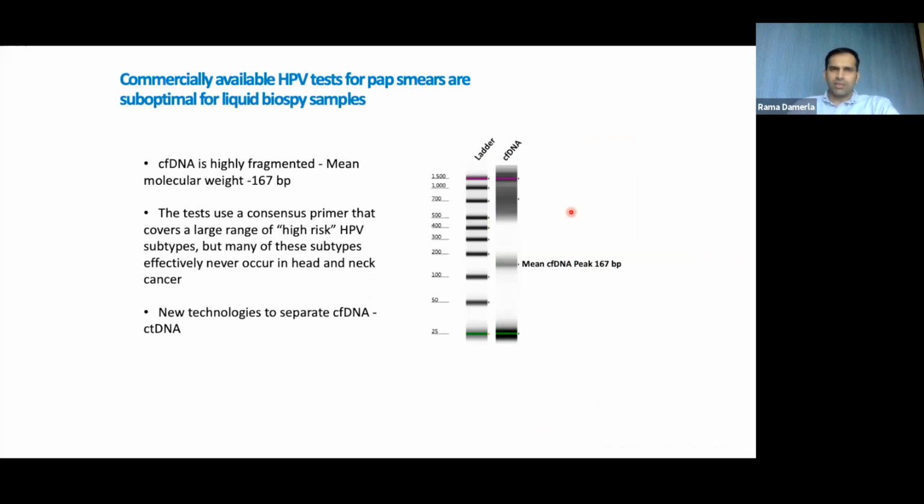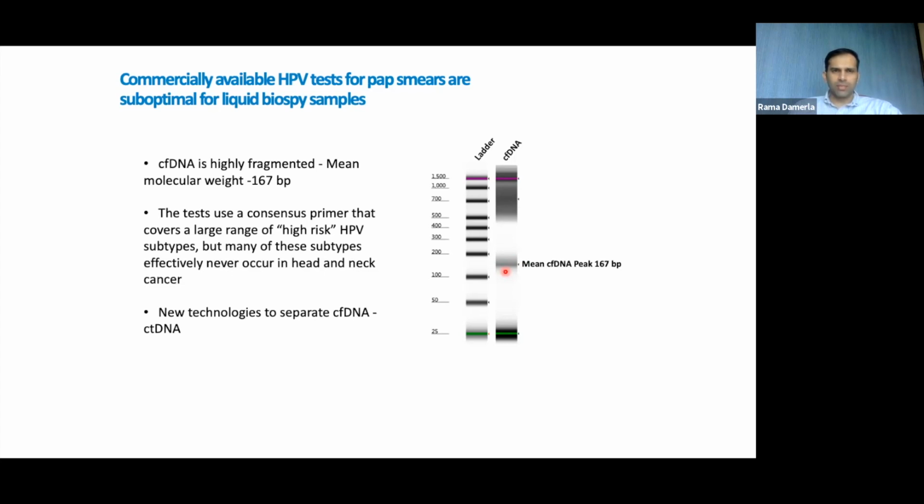As I mentioned before, this is how cell-free DNA looks when you run it on a gel. There's a mean peak of around 167 base pairs, but sometimes we also get these high molecular weight regions. There are new technologies being developed that separate this particular fraction from the rest of the sample.